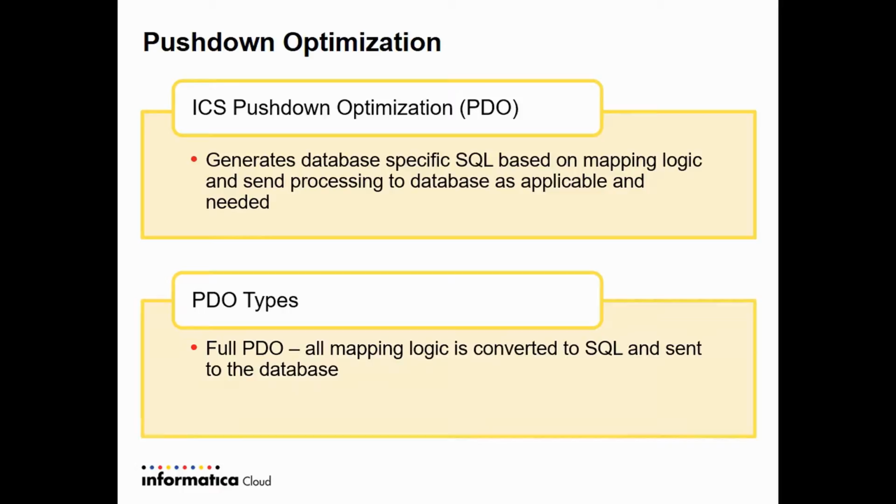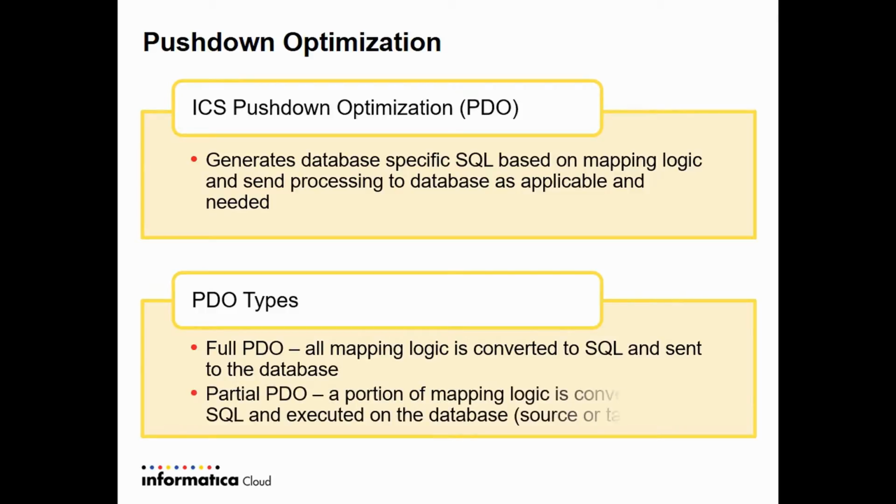Full PDO, where all the mapping logic is converted to SQL and sent to the database. We will focus on this type of optimization in our module. Partial PDO. In this type of PDO, a portion of mapping logic is converted to SQL and executed on the database, which could be either the source or the target.